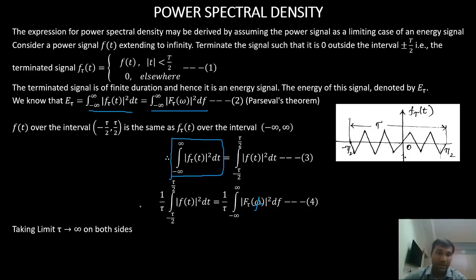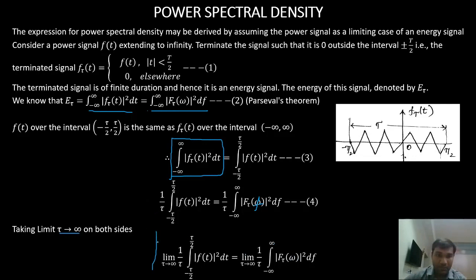Now let me take the limit tau tends to infinity on both sides. What happens? What is this here? This here is nothing but the limit tau tends to infinity of 1 by tau times the integral from minus tau by 2 to plus tau by 2 of mod f of t whole square dt.